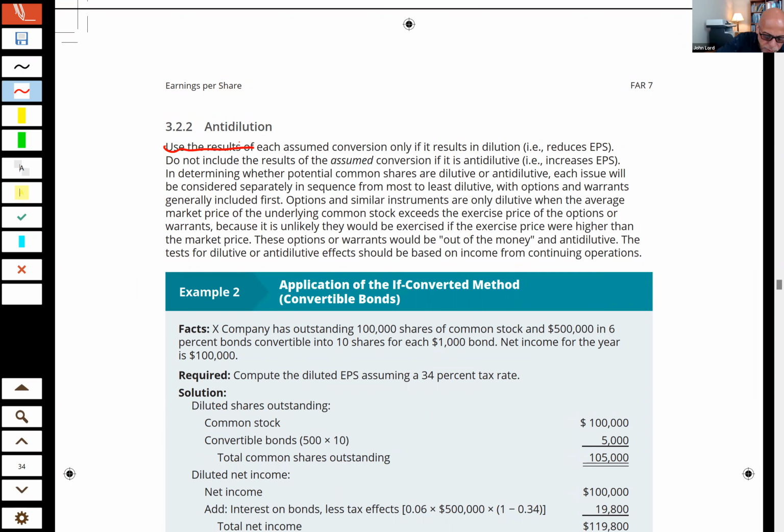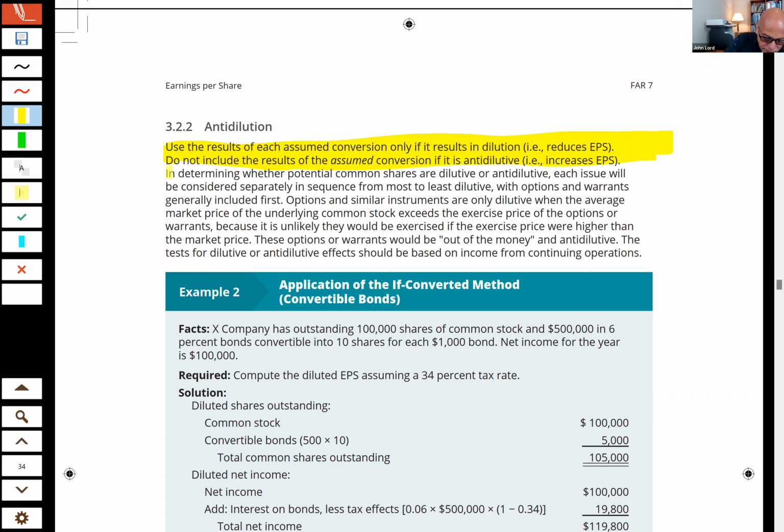So use the results of each conversion only if it results in dilution, reduces the earnings per share. Do not include the results of assumed conversion if it is anti-dilutive, in other words, increases the earnings per share. Okay.